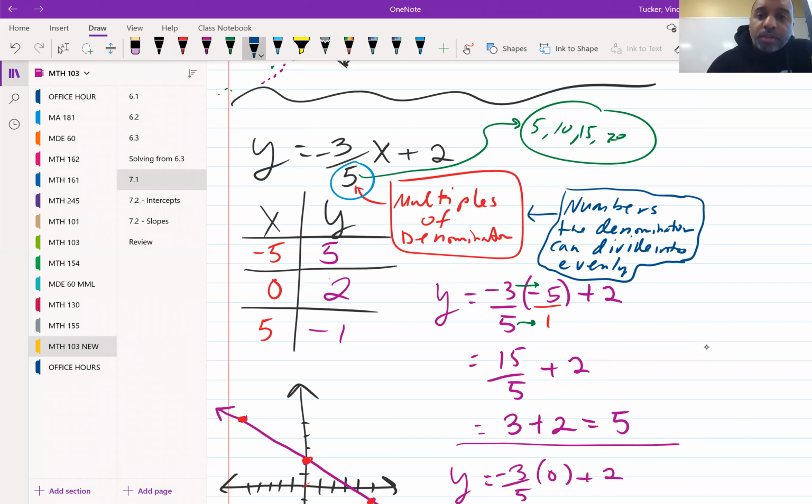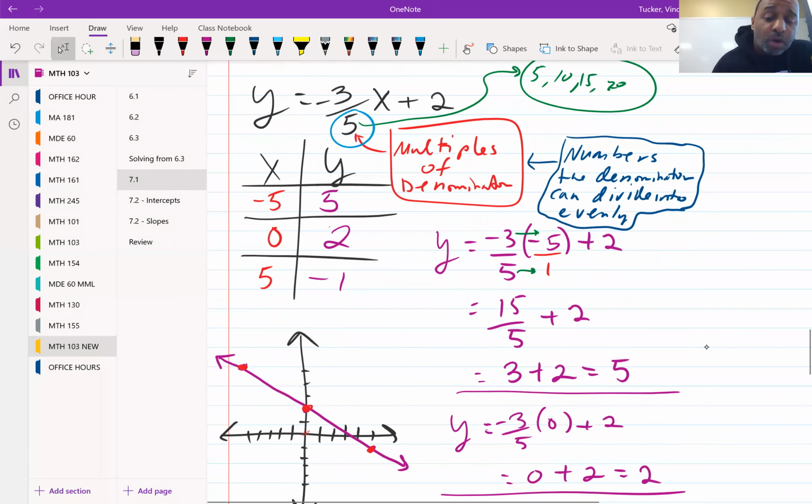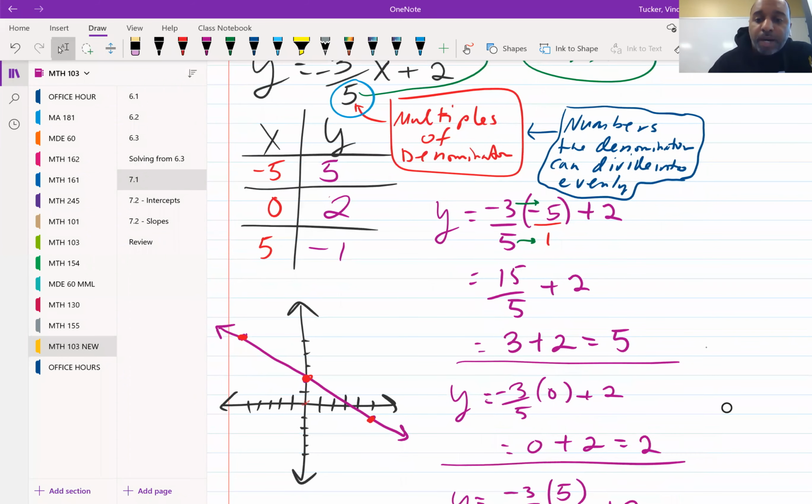Next one, plug in 0. 0 is always a good one to use because 0 will cancel out the fraction completely. So -3/5 times 0 is just 0. 0 plus 2 is 2. And then last one, plugging in positive 5.